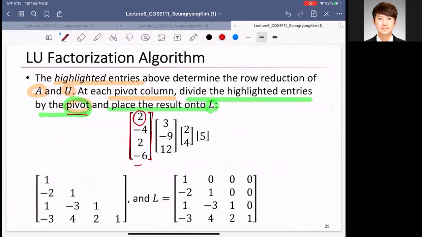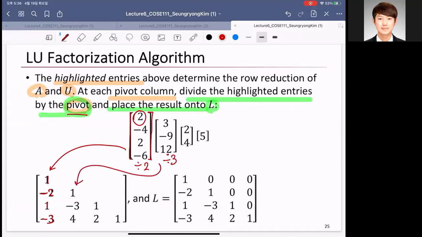Then divide by 2 the values on the pivot position. Then this column is going to be 1, negative 2, 1, negative 3. Okay, this one should be divided by 3.